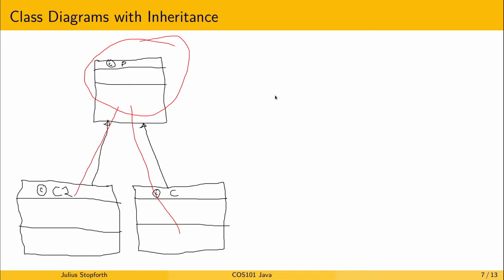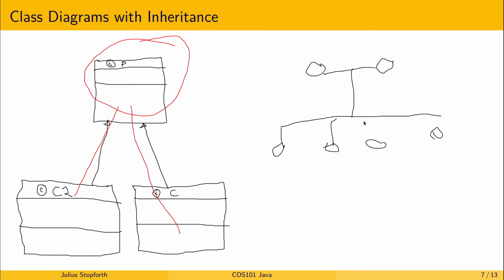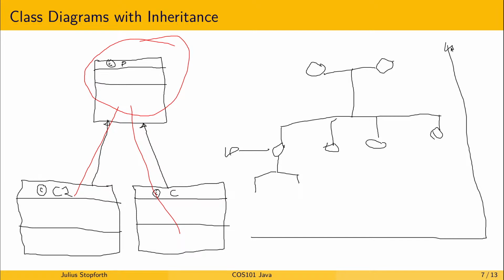You can imagine inheritance like a family tree. You have your parents, and then you might have multiple siblings like this, and then even more beneath that. So the class diagram works a lot like an inheritance family tree. We want to go from the most specialized to the least specialized.